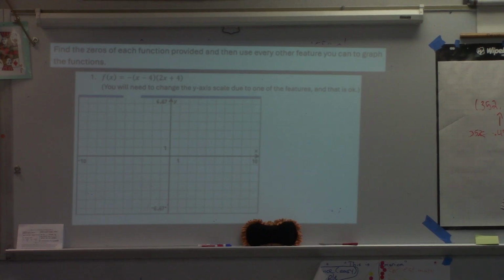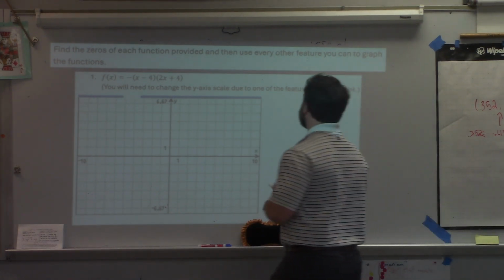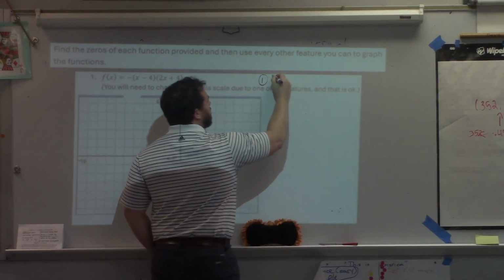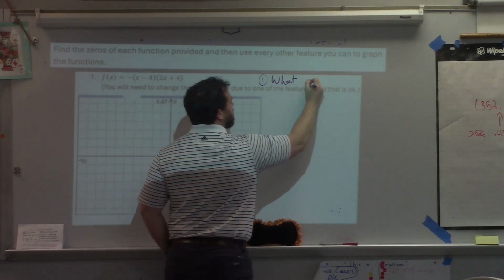What Deshaun is asking is the right first question that it doesn't look like many of us are asking. Because some of us are trying to multiply and distribute and do all these things that we don't need to do. The first question you need to ask every time you look at a quadratic equation is, one, what form do we have?